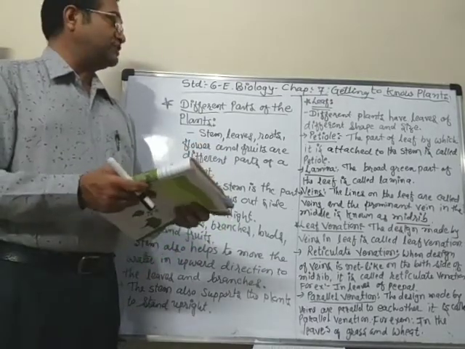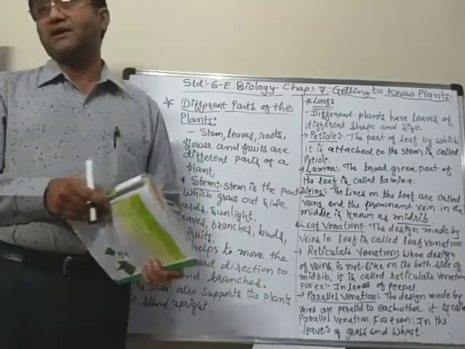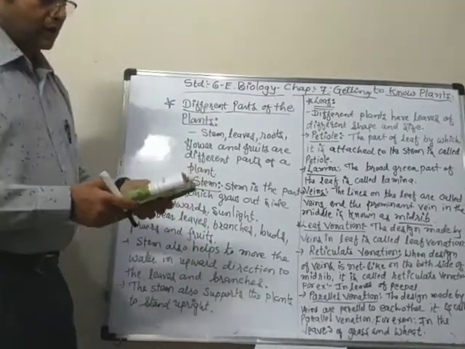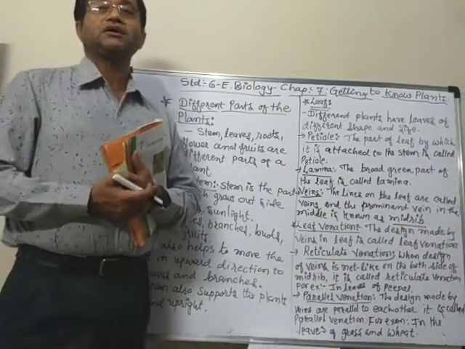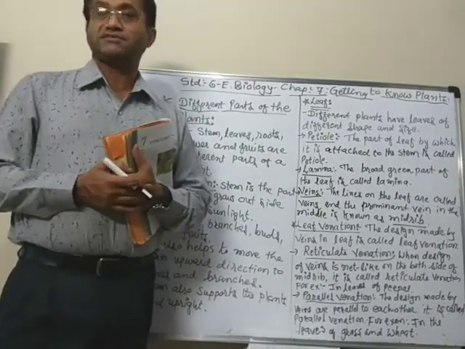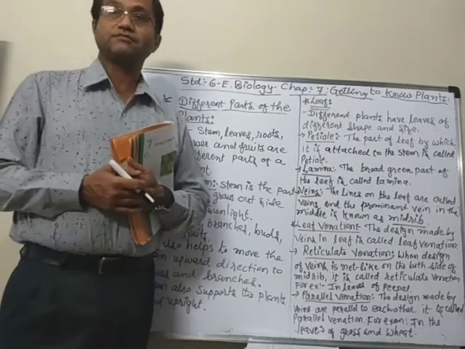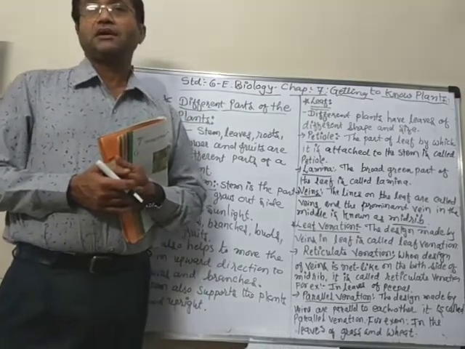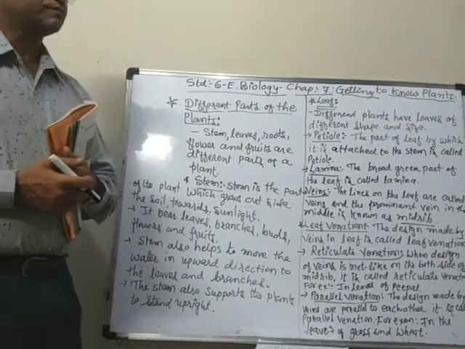In the previous video, we started Chapter 7, Getting to Know Plants. In that, we talked about the different types of plants according to their size and according to the type of stem they have.